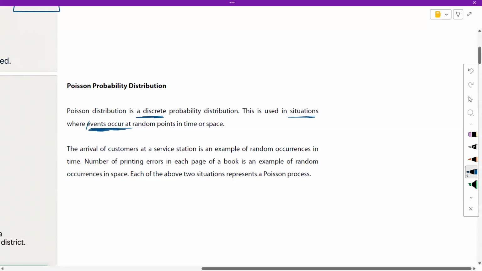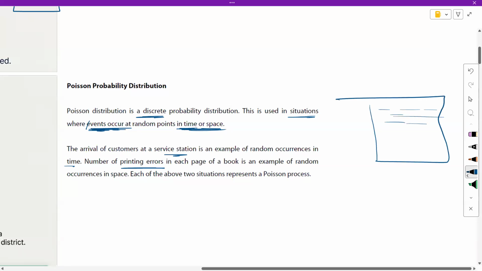Events occur at a random point in time or space. For example, the arrival of customers at a service station is an example of random occurrence in time. Another is the number of printing errors. People normally type and they do make mistakes, so the number of printing errors or typing errors in a page of a book is an example of random occurrences.